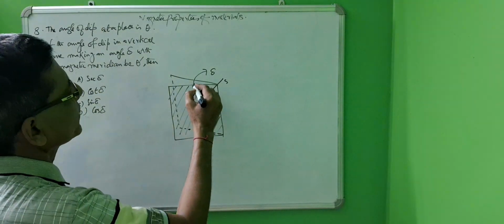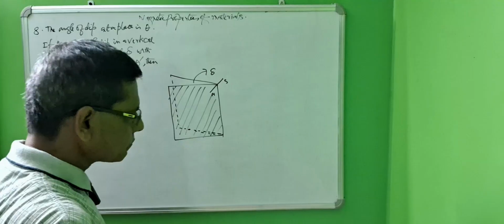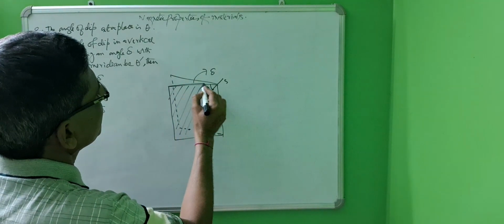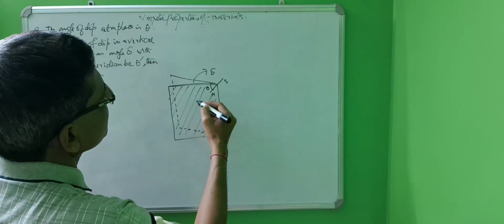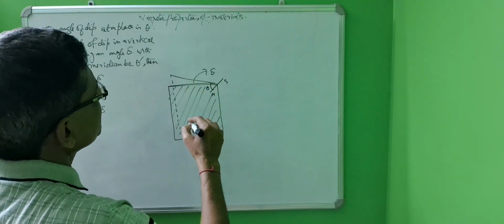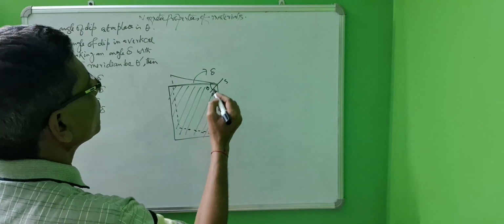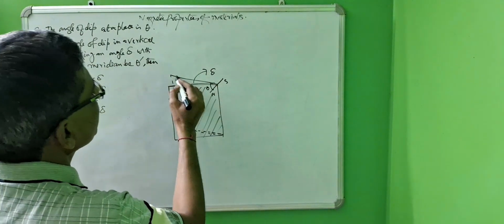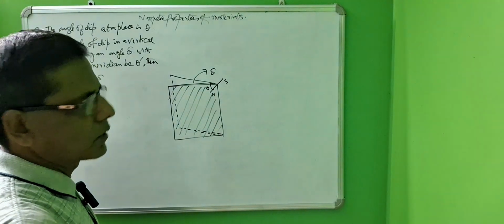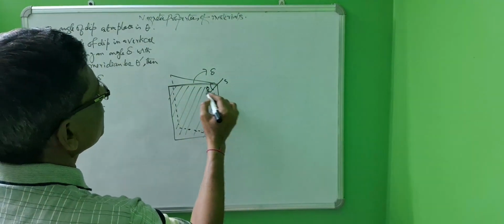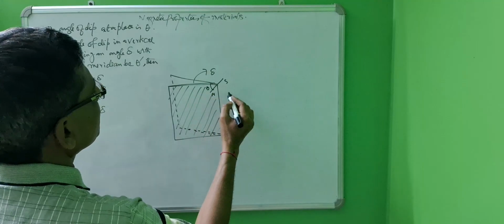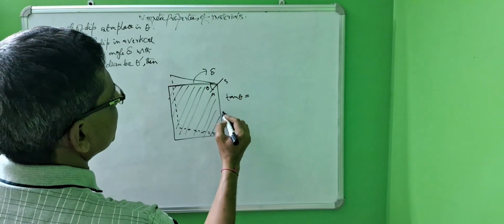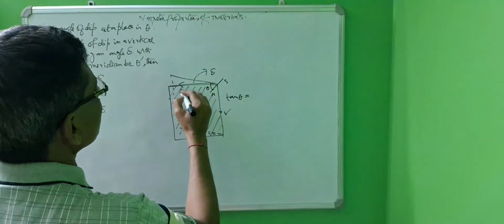A vertical plane is making an angle delta. Here this angle is theta, the horizontal of this magnetic meridian, and this vertical plane is making an angle delta. We have to find the angle of dip in this plane. Here tan theta equals V by H, where V is the vertical component and H is the horizontal component.